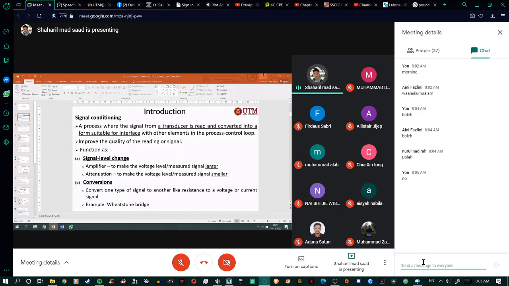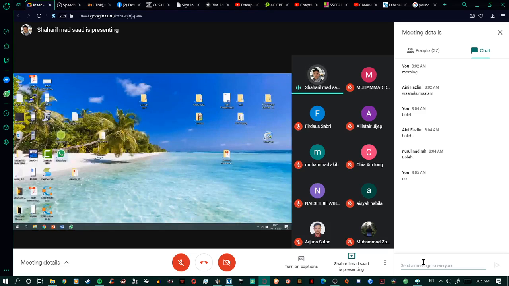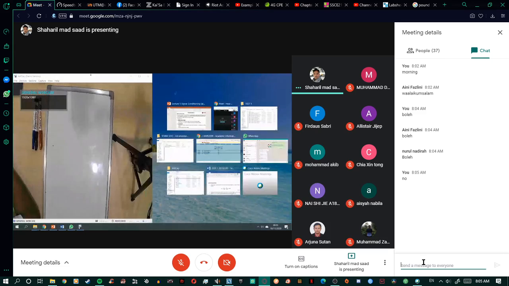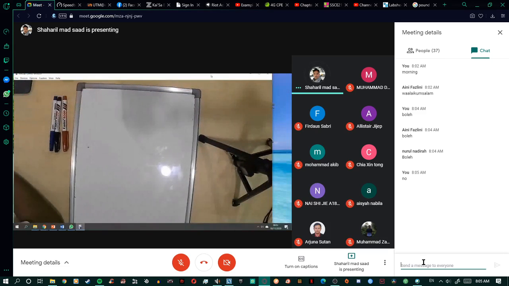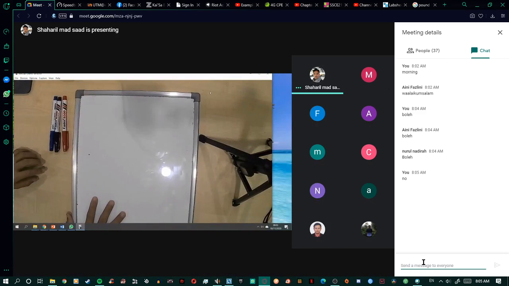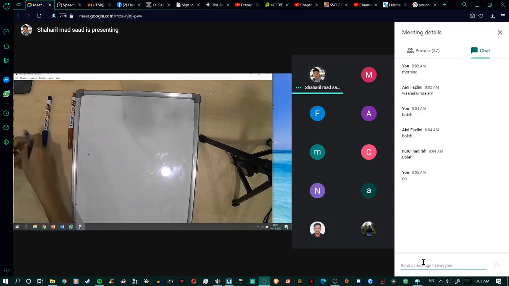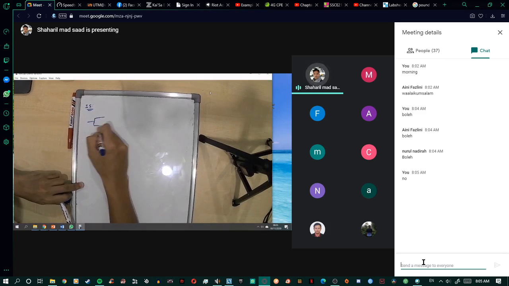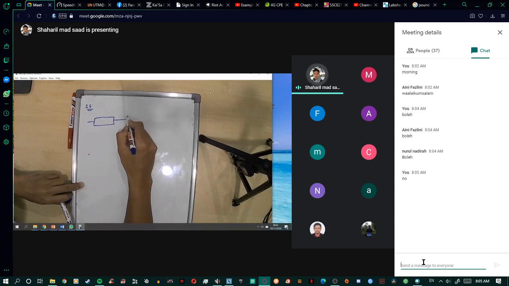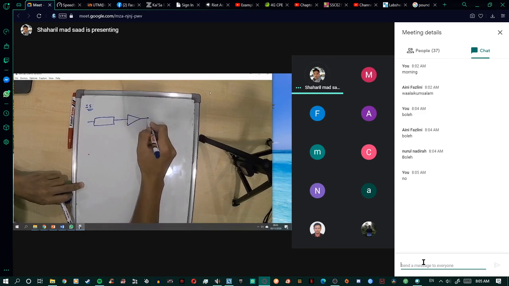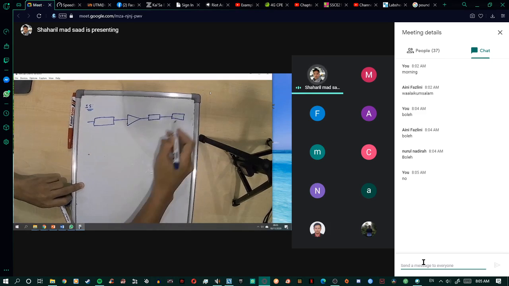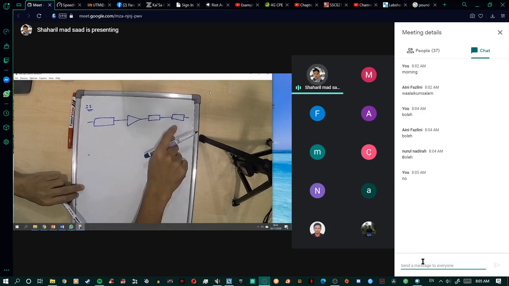As we know, in the instrumentation system, what do we have? You have the transducer, then the signal conditioning, analog to digital, and also the display. Our instrumentation needs to have a display.